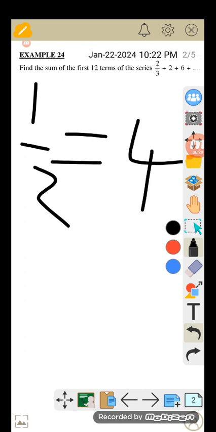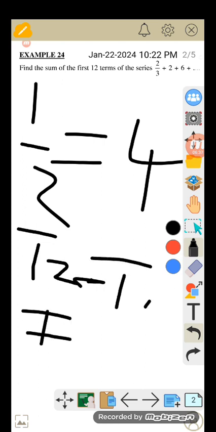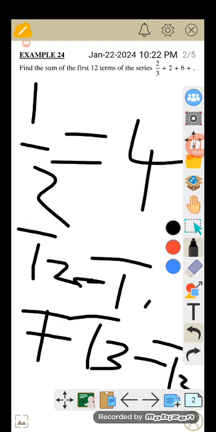You see? Therefore, T2 minus T1 is not equal to T3 minus T2. Therefore, this sequence is not an arithmetic sequence. Right, guys?